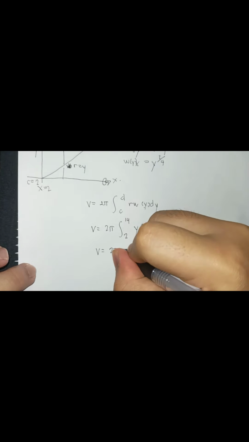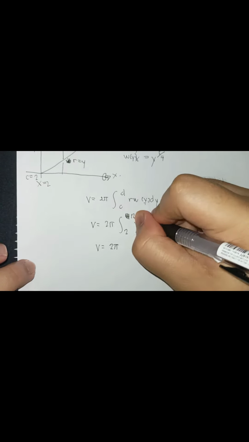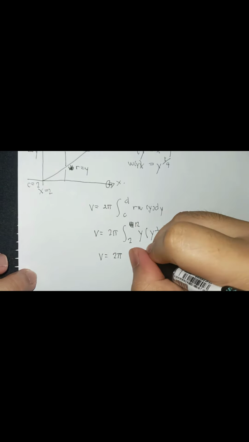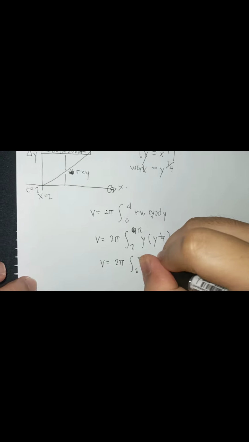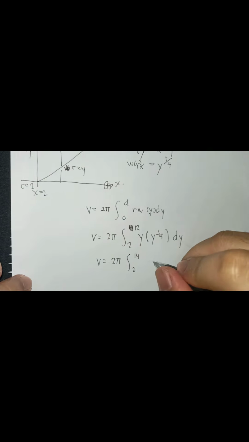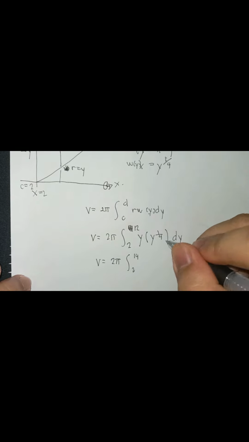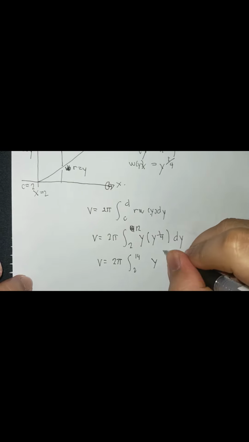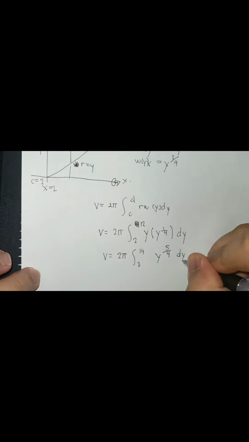Now let's integrate it. 2 pi, by the way, this is 12, I apologize. Integrate from 2 to 12, y times y raised to 1/4 is equal to y raised to 5/4 dy.